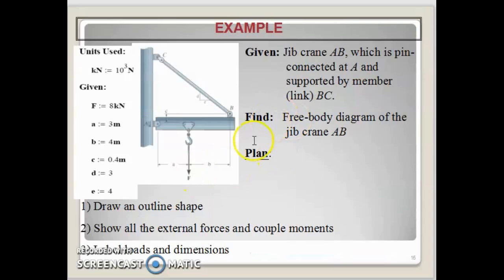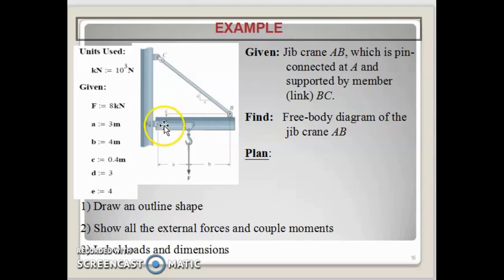Here is another example. If you have a structure like this, you need to draw the free body diagram of the structure. The steps are the same. The first one is to draw an outline shape. Draw only the important structure, the structure that has many forces exerted on it.